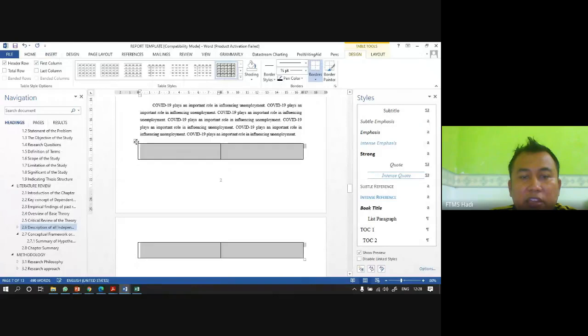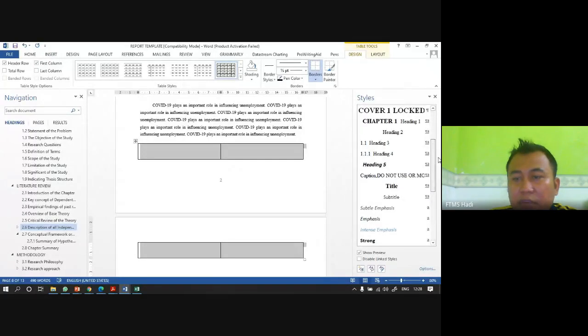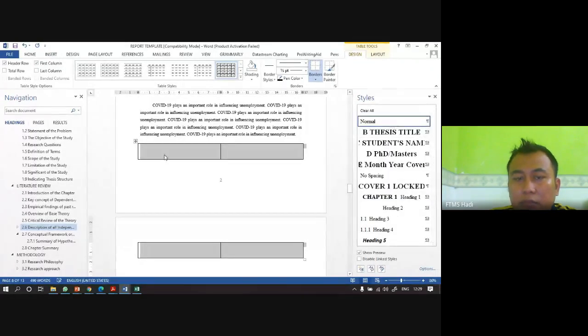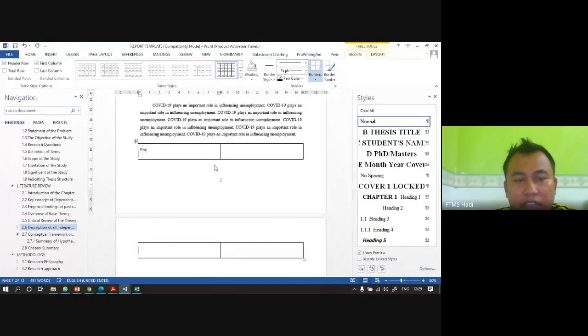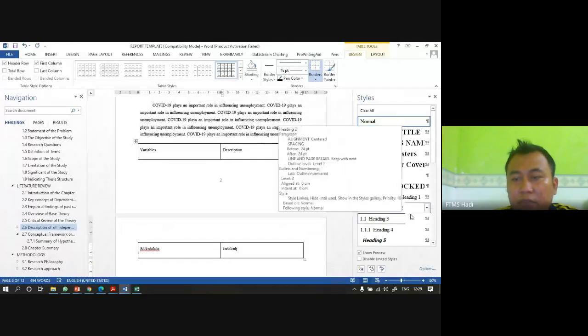Then click this one, highlight this table and click normal. Let's say variables. Something like that. Always click normal.